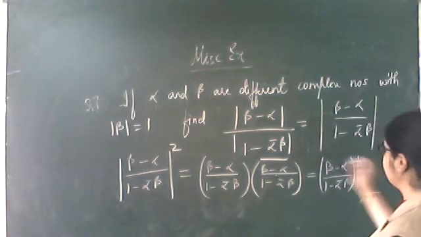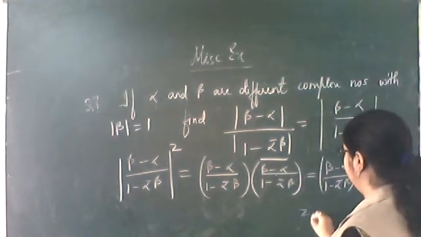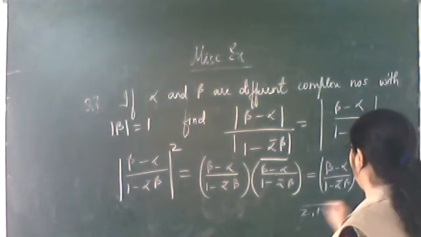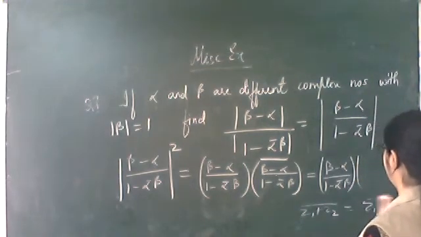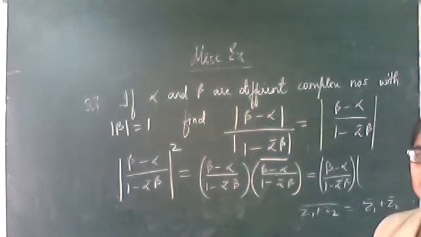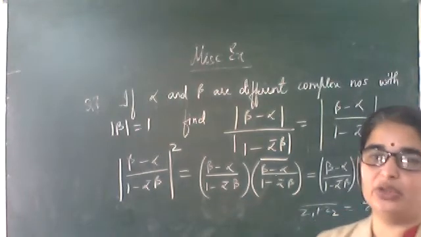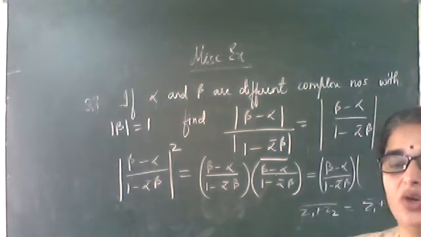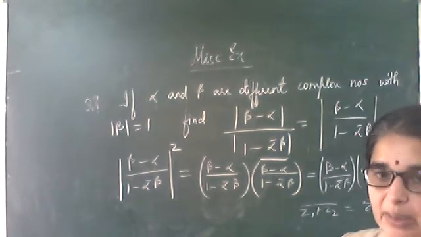So what we will do, we can separate it. Z1 plus Z2 whole conjugate can be written as Z1 conjugate plus Z2 conjugate. I told you in conjugate, in modulus, if you are having two things in plus, minus, anything, or multiplication, division, you can separate them also.